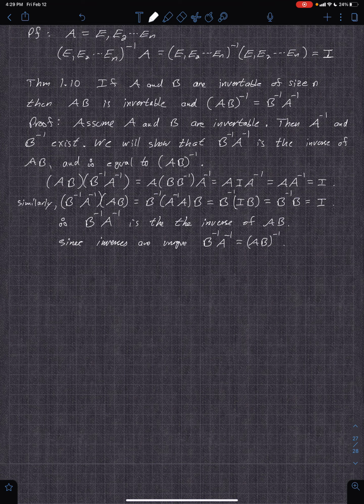Okay, so that gives us a way to handle a product of more than one matrix and its inverse. And what do you have to do? You have to basically commute them before you do the products. Okay, so we have a number of things to do next.